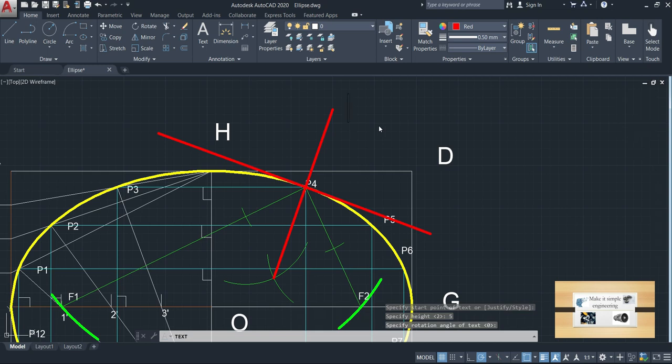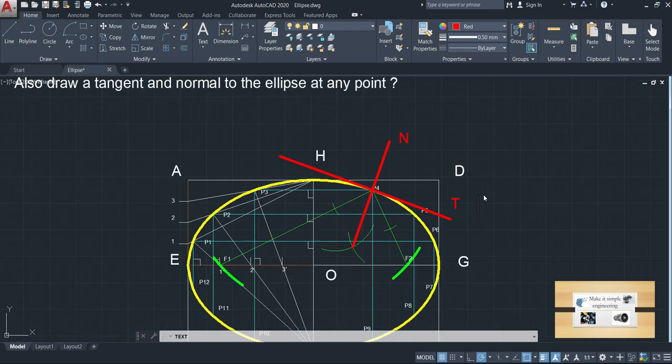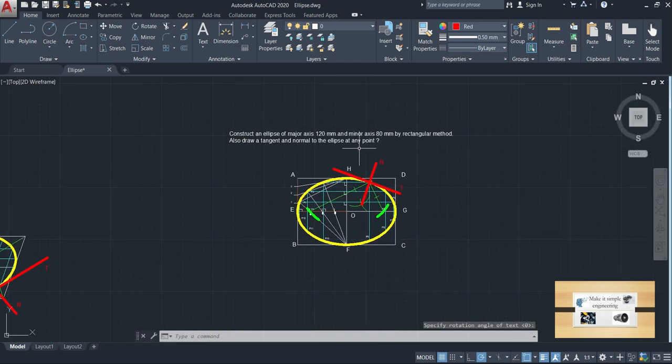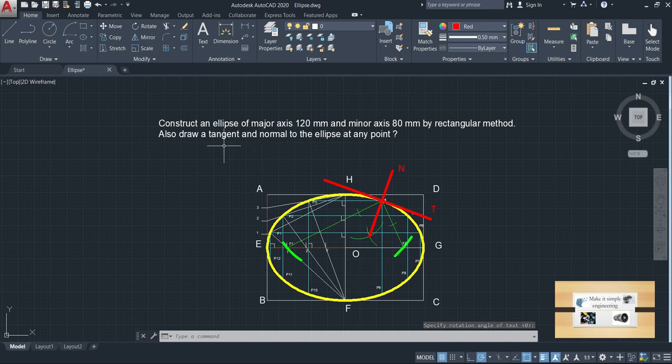So this is the normal, and this one is the tangent. This is how we can draw an ellipse by means of the rectangular method, and along with that we can draw the tangent and normal. So hope you understand the concept. Thank you.